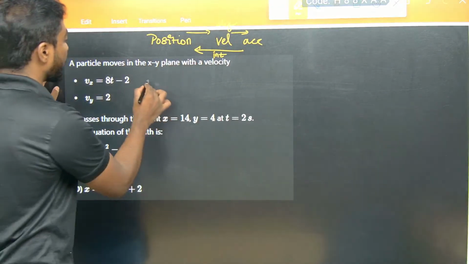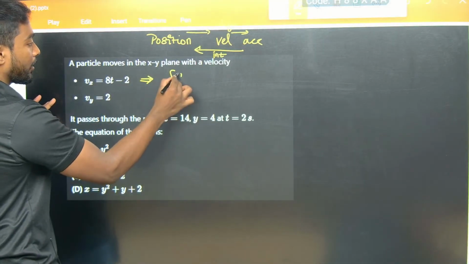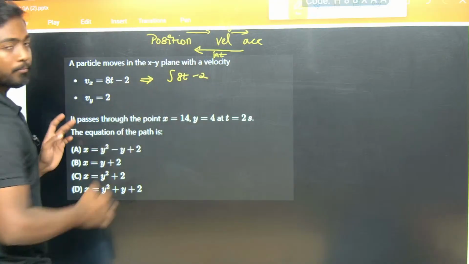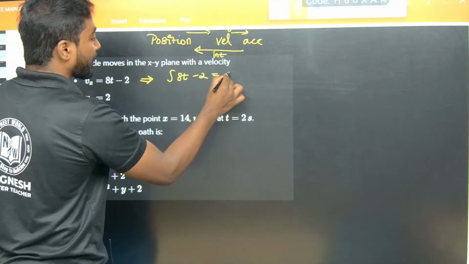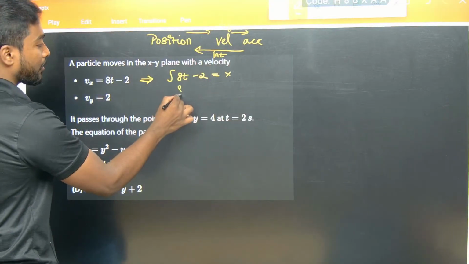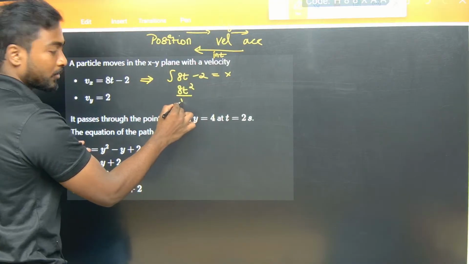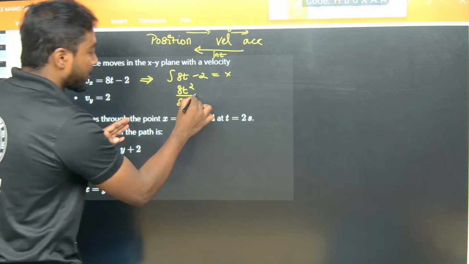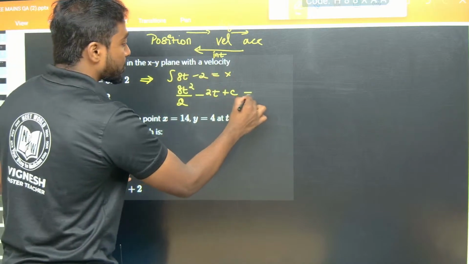So the integral of 8t minus 2 should be equal to x. What is the integration of 8t? 8t square by 2, minus 2t plus c should be equal to x.